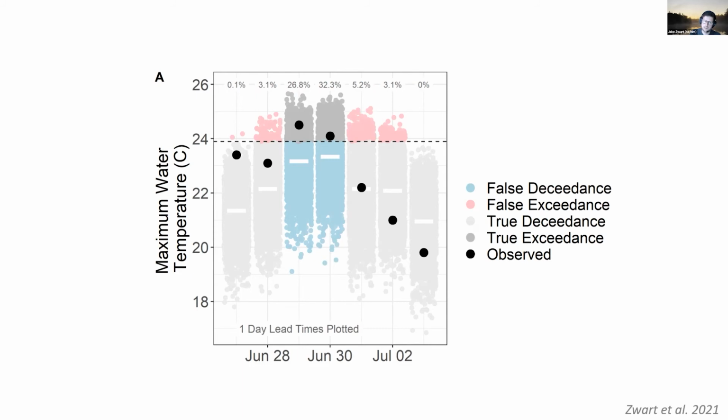Each point on here that isn't an observation is one of the different ensemble model predictions. So each day has 3,100 ensemble predictions. And then we can color code these by whether they're predicting an exceedance or a decedence of the threshold, so above or below that thermal threshold.